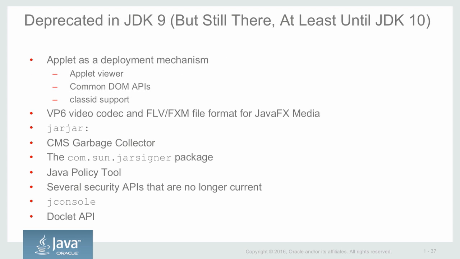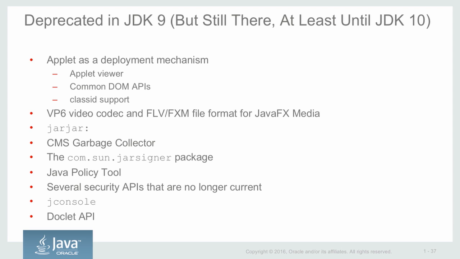Finally, we're going to deprecate a bunch of things in JDK 9 in preparation to get them out in a future version. So if you're using any of these, well, applets, if you're using applets, if you're using some codec, if you're using jar, you can jar the same thing twice. CMS, jarsigner, you have a policy tool, a bunch of security APIs that are no longer current.